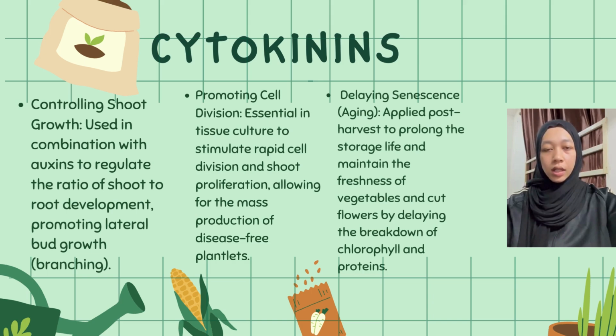Essential in tissue culture to stimulate rapid cell division and shoot proliferation, allowing for the mass production of disease-free plants. Third, delaying senescence, or aging. Applied post-harvest to prolong the storage life and maintain the freshness of vegetables and cut flowers by delaying the breakdown of chlorophyll and proteins.